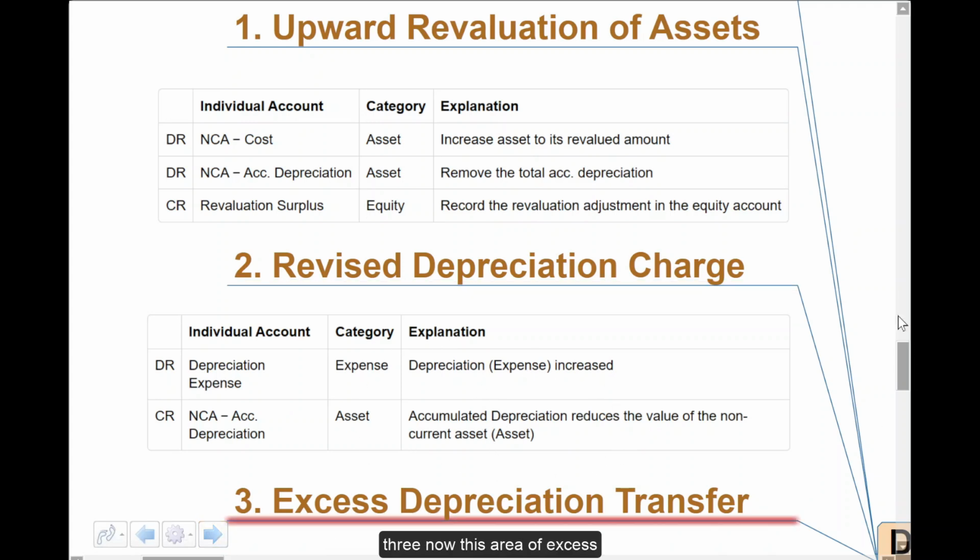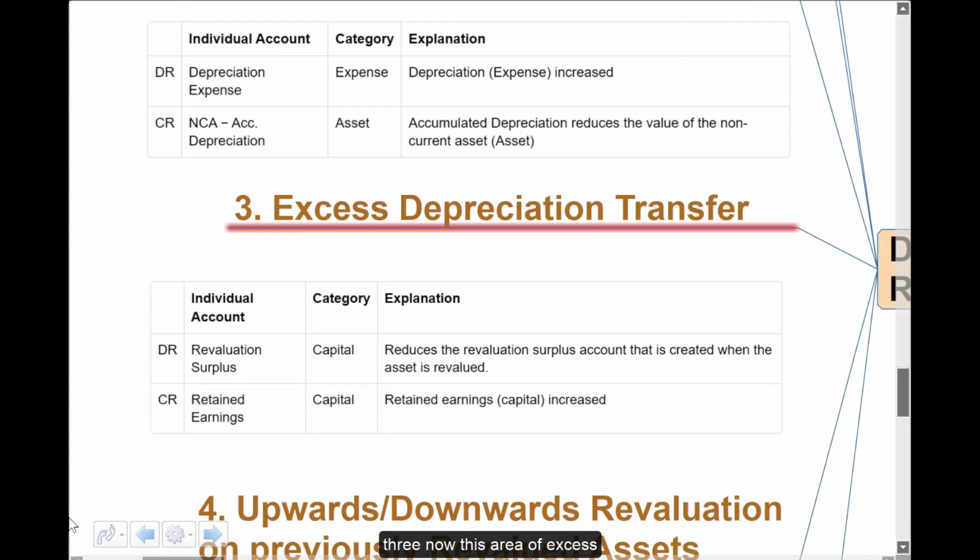What about number three? Now this area of excess depreciation transfer. What do we mean by that? Well, what we mean is that there may well be some sort of difference in depreciation between the old asset and what we did from purchase date through to the revaluation date, and indeed the new asset going forward.